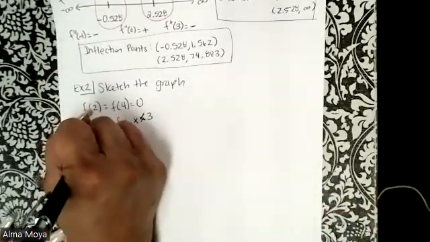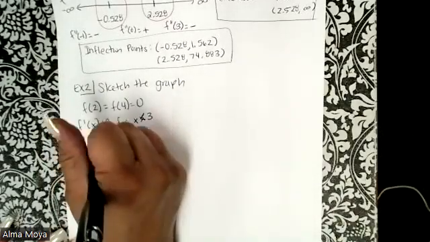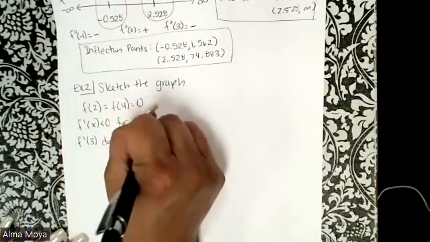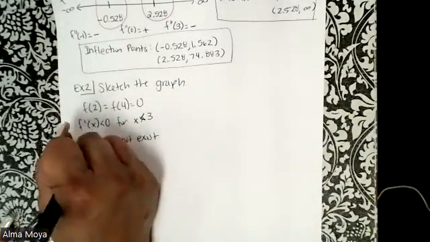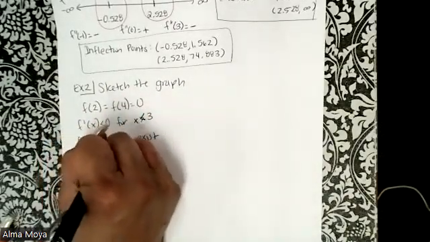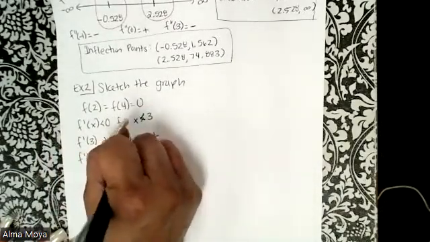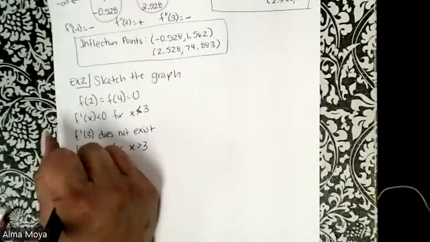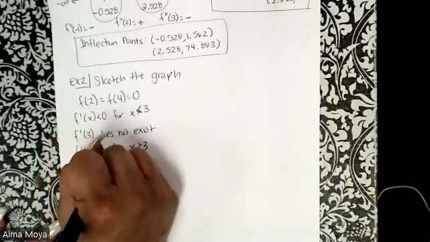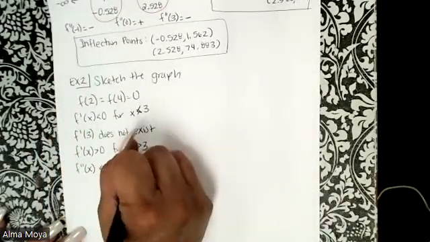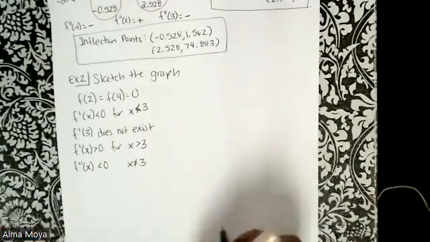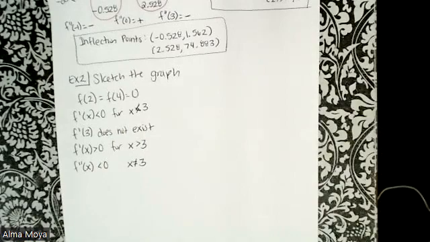I'm going to tell you that the derivative at 3 does not exist. The first derivative is positive for x greater than 3. The second derivative is negative, and x cannot equal 3 here.